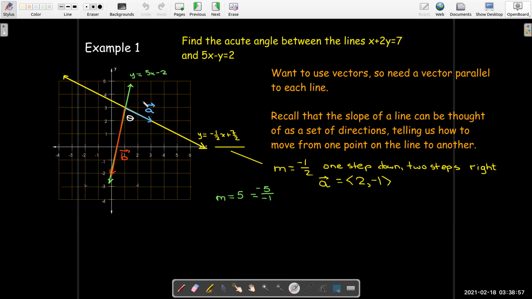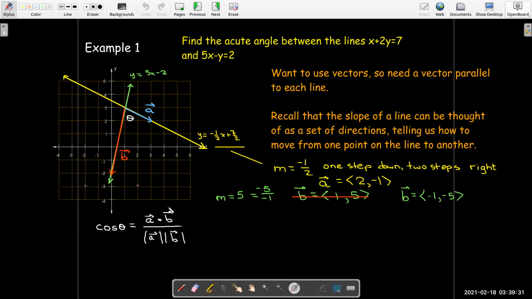So that would mean I'm going from this point to this point by taking 5 steps down, 1 step to the left. And how would I write that as a vector? Well, instead of having a vector with positive components, I'm going to have the opposite of it with negative components. I'm really just taking our original vector and pointing it in the opposite direction.